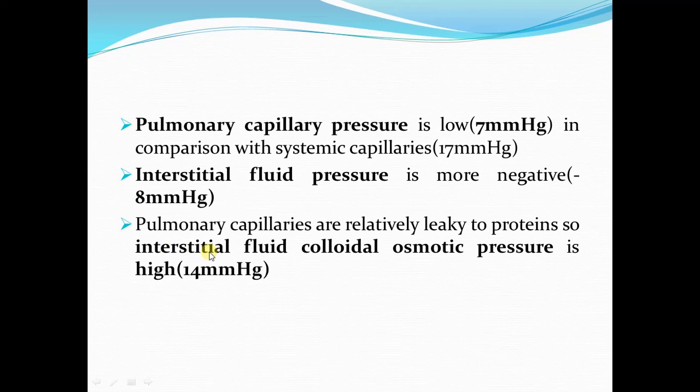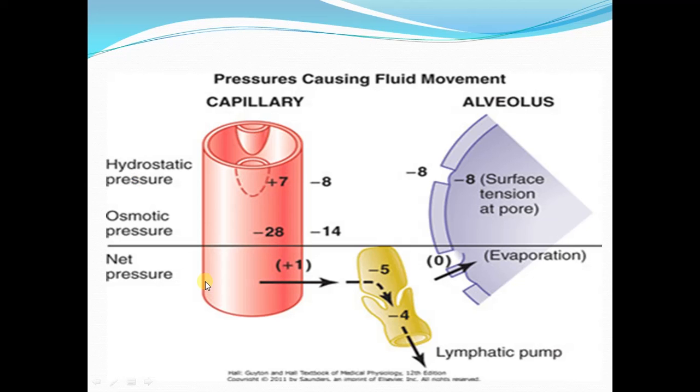So the interstitial fluid colloidal osmotic pressure is high as compared to systemic circulation, and its value is 14 millimeter of mercury in pulmonary circulation, while the pulmonary capillary colloidal osmotic pressure is 28 millimeter of mercury, which is the fourth force which regulates the fluid exchange across the pulmonary capillaries. So these are the different forces causing the fluid movement across the pulmonary capillaries.